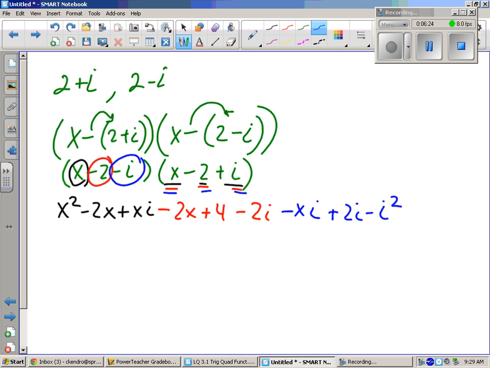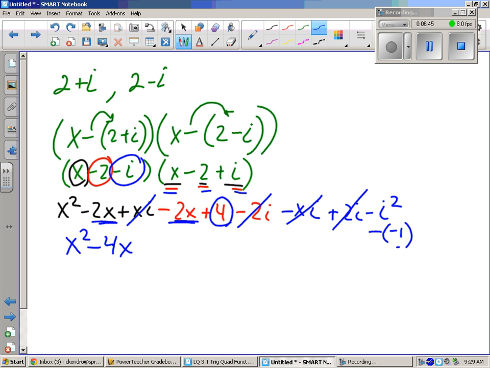Okay, remember at this step, the i's should go away. So I have plus xi and minus xi, minus 2i and plus 2i. This is negative 1. So what I really have left is x squared. I have 2 of these, so minus 4x, and then I have 4 and negative 1, that would be a 5. So this is the polynomial that gives these two answers.